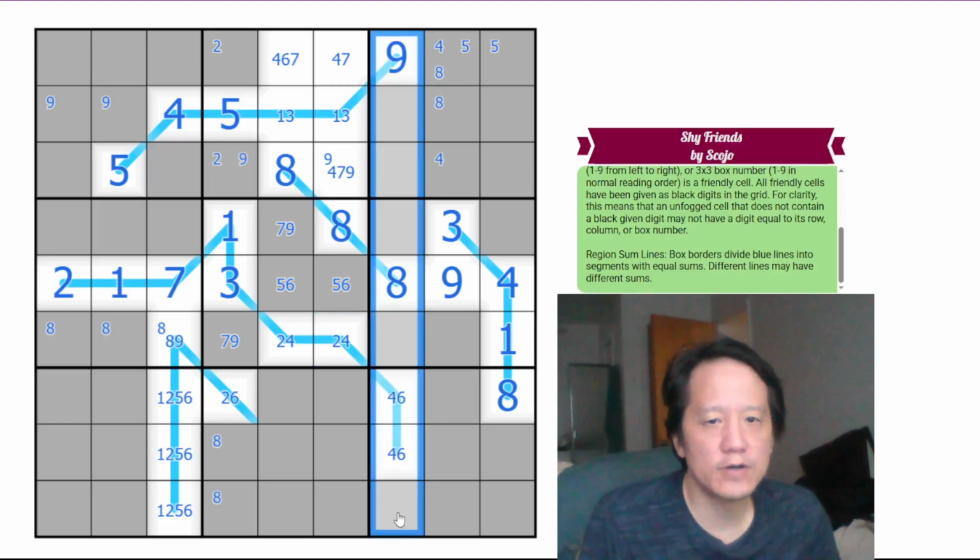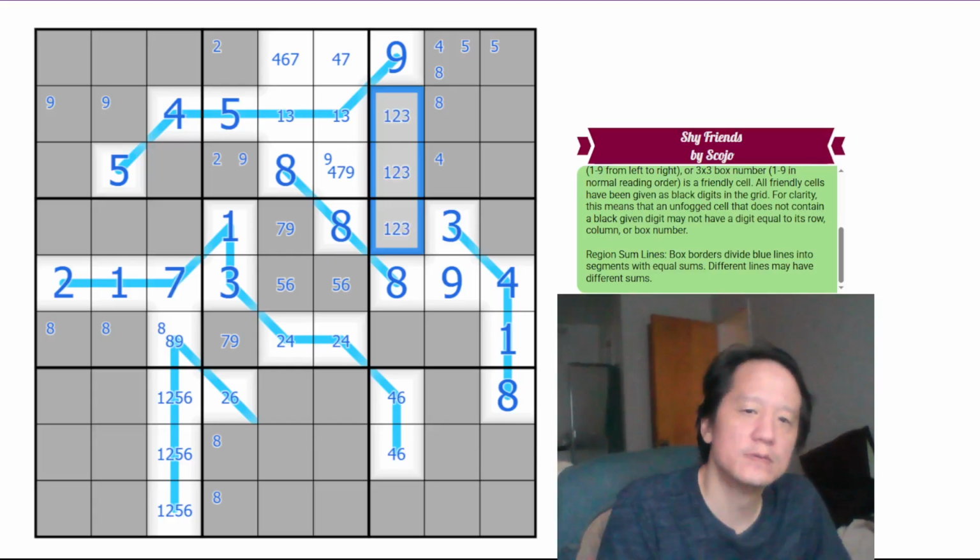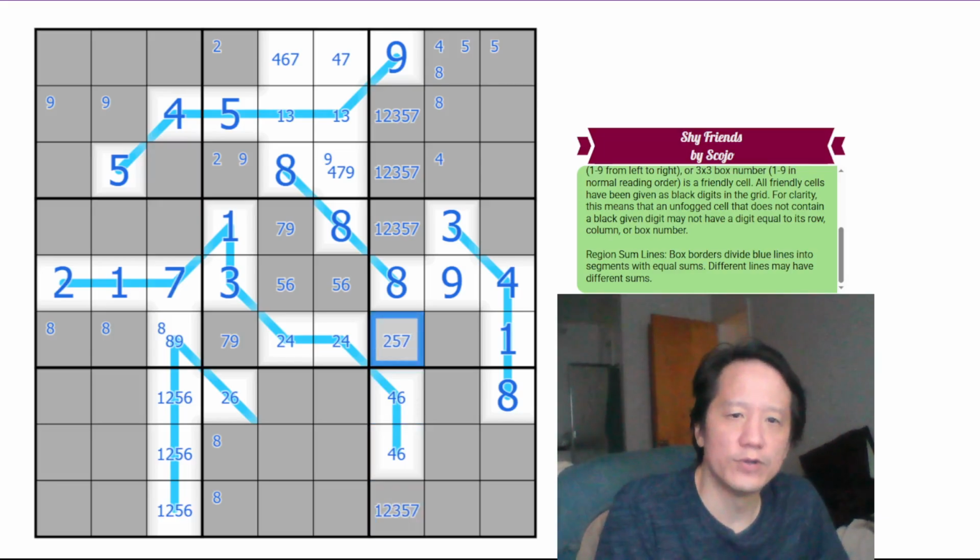What is the rest of column 7? We can have 1, 3, 5; 1, 2, 3, 5, 7. Well, this can't be 1 or 3. This can't be 1 or 3 because of the 1 and 3 in the box.